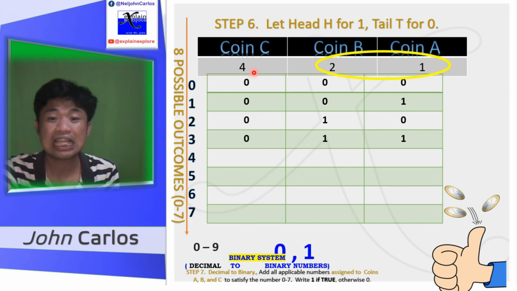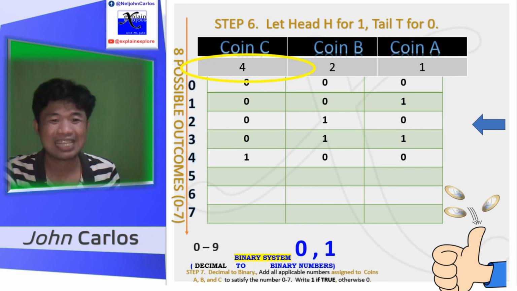We cannot see 3 in the labels 1, 2, 4, right? So we find numbers that sum to 3: 2 and 1. 2 plus 1 is 3. So we put 1 and 1, and put 0 for the unused label.